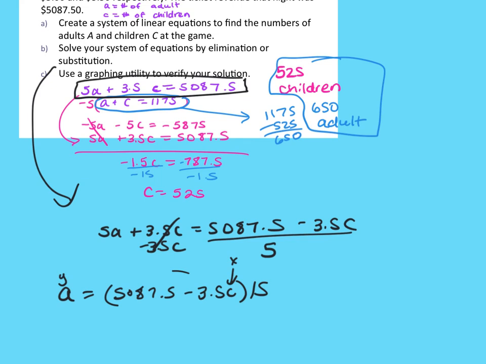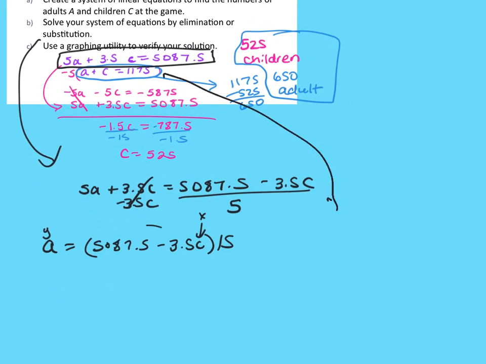So when I type that in the calculator: parentheses 5087.5 minus 3.5x, close the parentheses, divided by 5. And then my second one, much easier, a plus c equals 1175. So a would equal 1175 minus c, or y would equal 1175 minus x. And then graph.